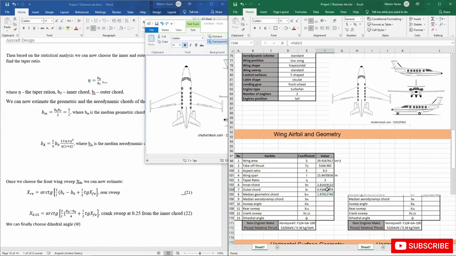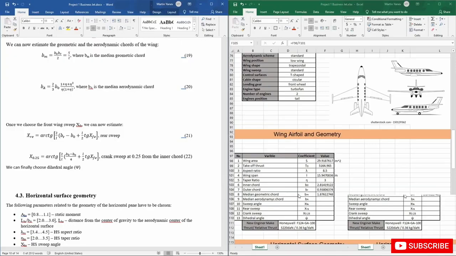And now you can find that the outer chord or the rear chord is equal to 0.93, while the inner chord is equal to 2.81, and this is how you find the chords based on the median chord. So now, since we have all these chords, now we can find the median aerodynamic chord.